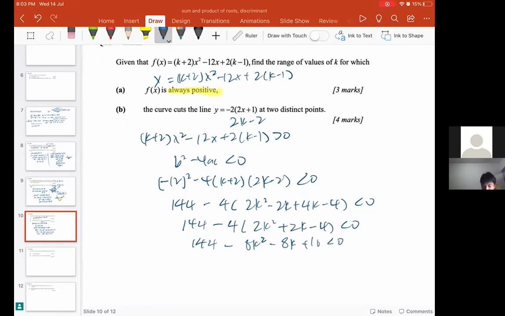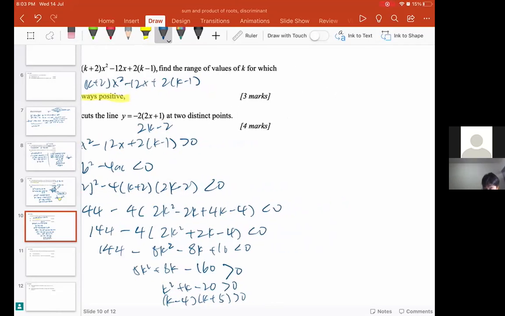Then we divide everything by a negative sign, so we flip the inequality to get 8k squared plus 8k minus 160 is greater than 0. Dividing everything by 8, we get k squared plus k minus 20 is greater than 0, which we can factorize to (k minus 4)(k plus 5) is greater than 0.